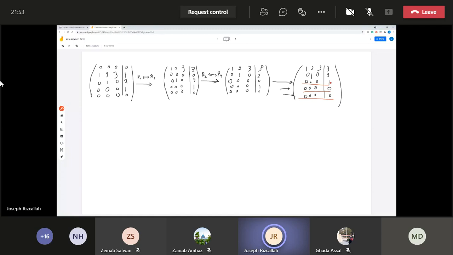This one's leading entry appears to the right of the leading entry of the top row, so this is fine. And the top one is a leading entry because there is no row above it to compare to. Every leading entry has to be a 1, and you see that all of them are 1s. So this matrix is already in row echelon form.